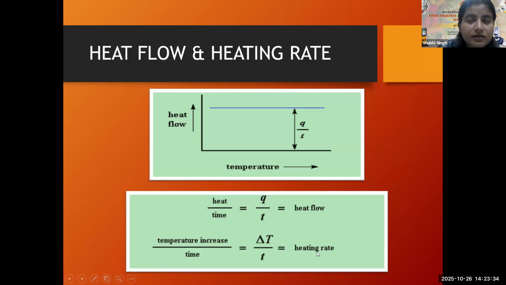Basically, whenever in any formula or term the word rate is there, it means the term is with respect to time. That's why rate is there. Heat flow is Q upon T, whereas heating rate is delta T upon time, the temperature increase upon time.